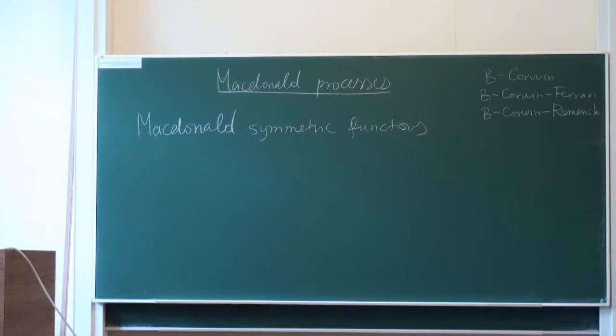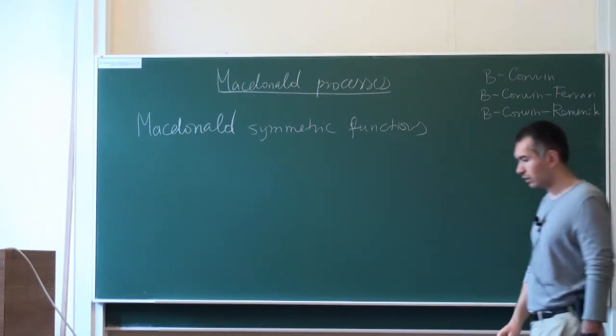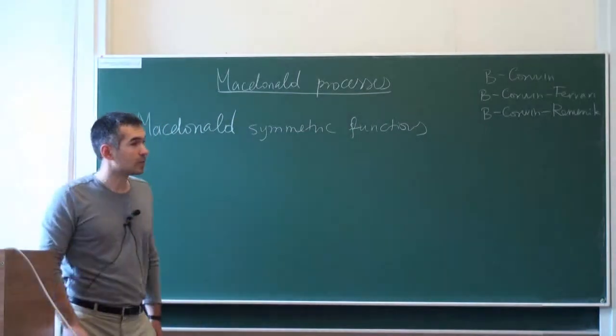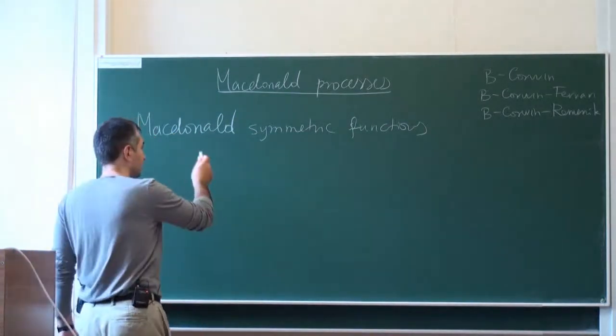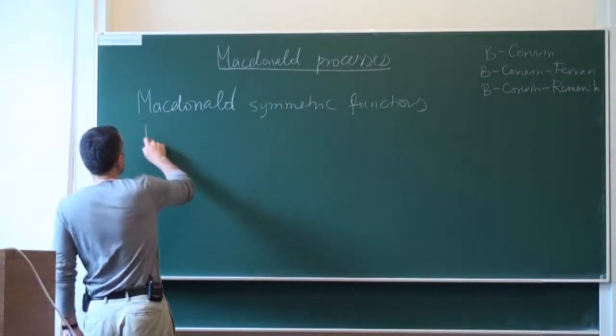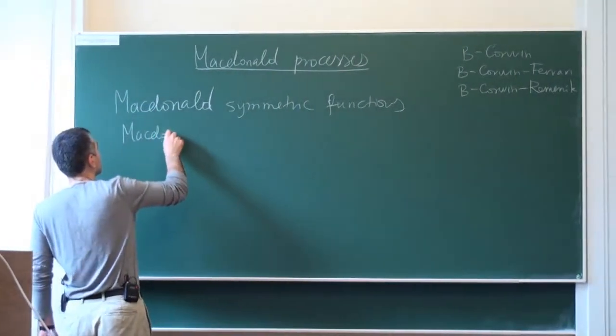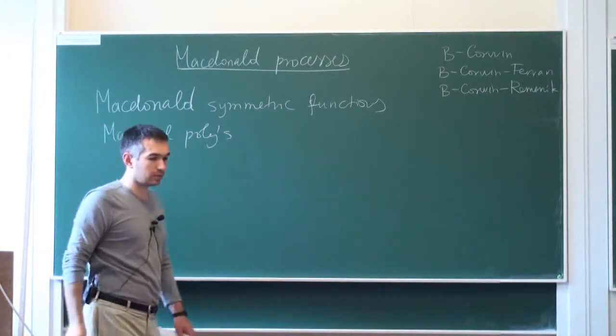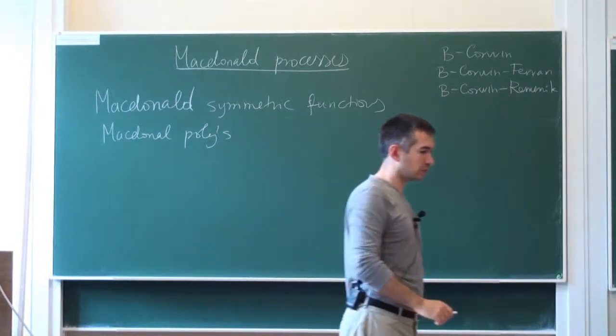They were discovered by Macdonald in the mid-80s, almost by accident, I guess. And I'll tell you a little bit about them. So it's easier to talk about Macdonald polynomials. Macdonald symmetric functions, as usual, will come from the stability property of Macdonald polynomials.